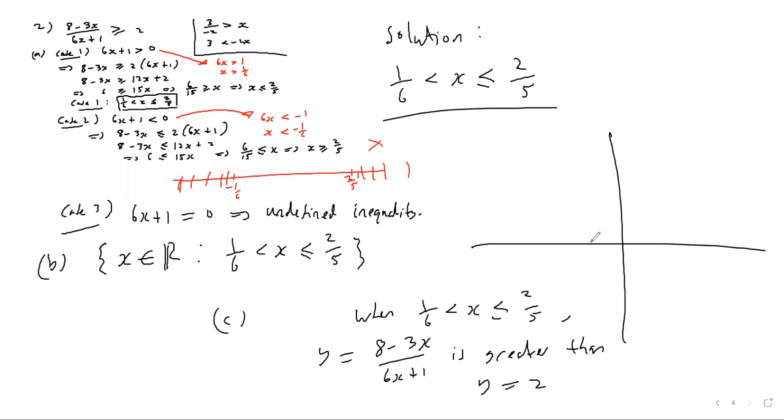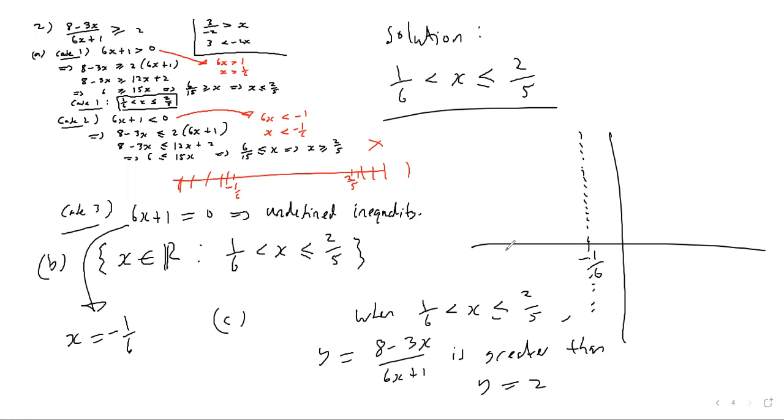You're going to have an asymptote x equals minus 1 over 6. Again, we've not really talked about asymptotes yet, but we'll come on to that soon. That's because when you rearrange this, you get x equals negative 1 over 6, and when x equals negative 1 over 6, the expression is undefined.